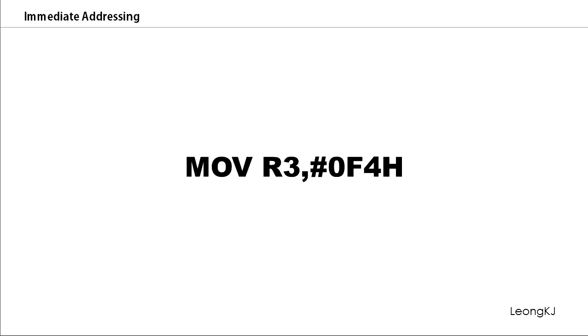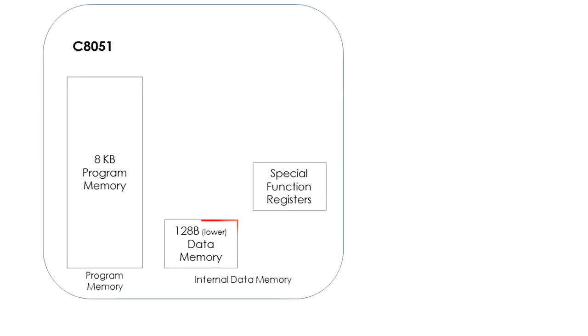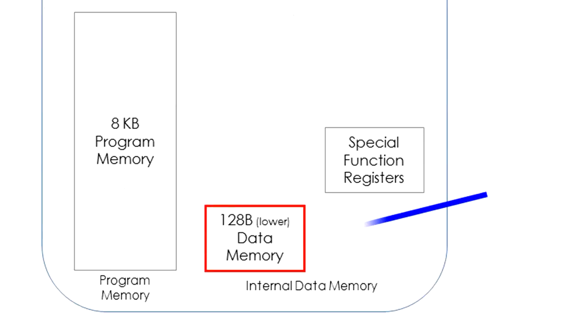Let's look at another example. This is immediate addressing. F4 hex is the value, and it is moved to register R3. Register R3 is a memory location under the internal data memory.